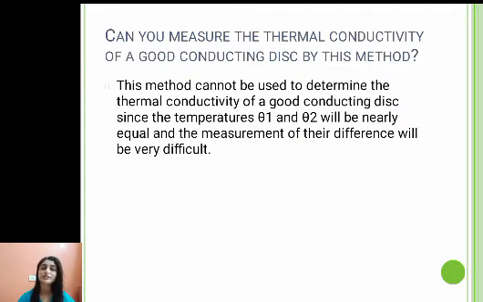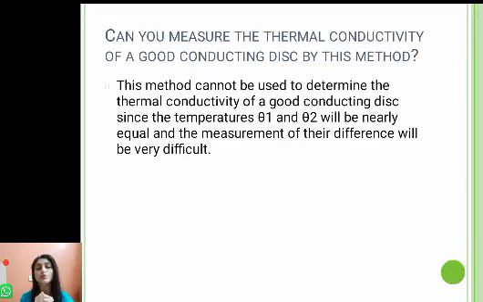Now, can you measure the thermal conductivity of a good conducting disk by this method? Lees' disc method is only for measuring the thermal conductivity of insulators, and it is not used for the measurement of thermal conductivity of good conductors. The reason is, in this experiment we find out the difference between theta 1 and theta 2.